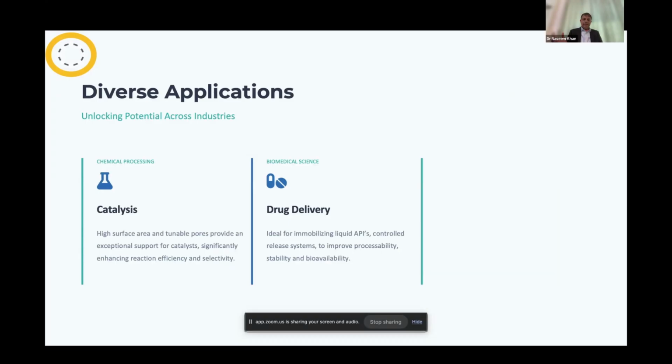So there are many more applications. I have put a few applications in the slide, because in the coming master classes we are going to discuss more and more. As a catalyst and as a drug delivery carrier, it plays a very important role in drug delivery, because it can carry your drug, as we have discussed, ideal for liquid APIs.